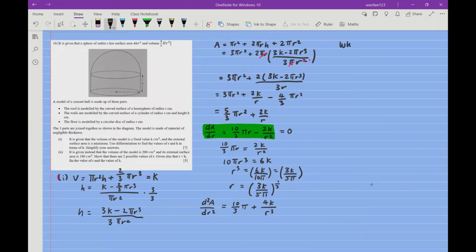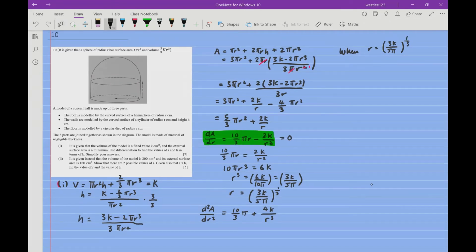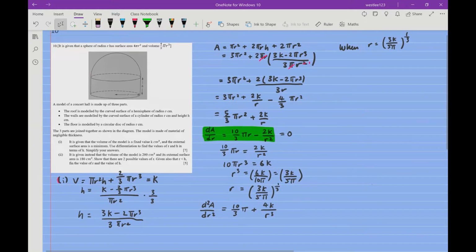When r equals (3k over 5 pi) to the power 1/3, d2A/dr squared equals 10 over 3 pi plus 4k over r cubed. So the cube and the power 1/3 cancel each other.